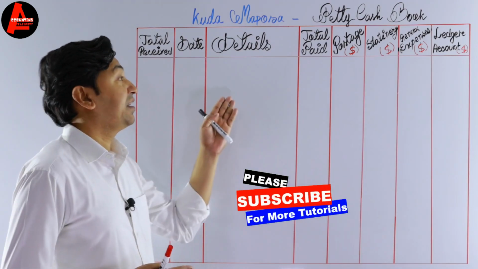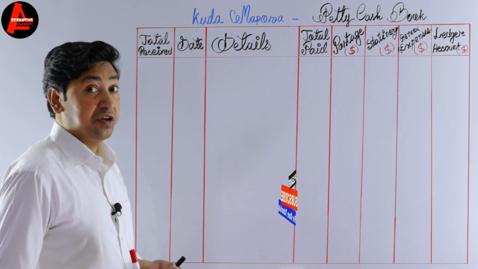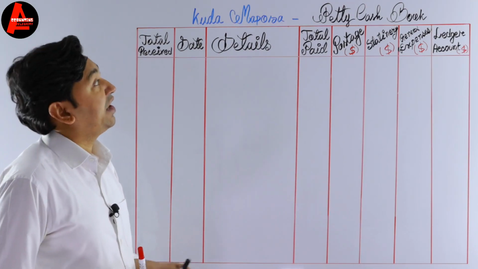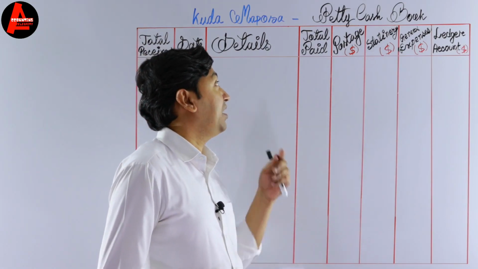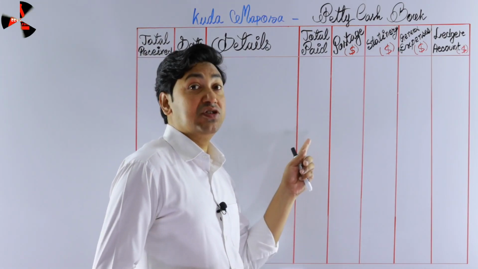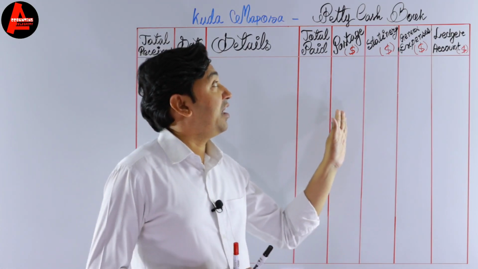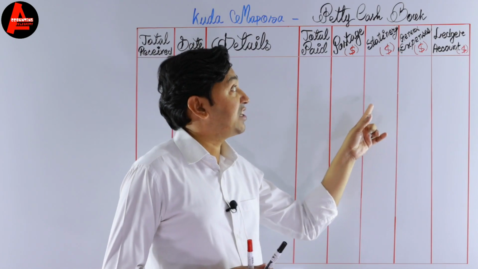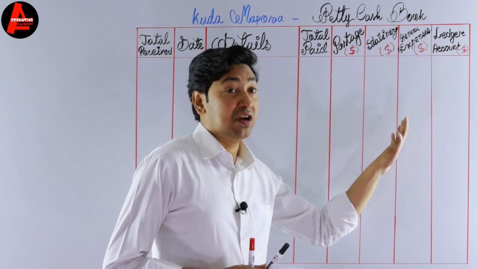Then the details column, where we record all the transactions given in the question. Then here is total paid, so all the amounts of expenses will be written in this total paid column. Here we see some analysis columns: postage, stationery, general expenses and ledger accounts. I'll go through these columns later.